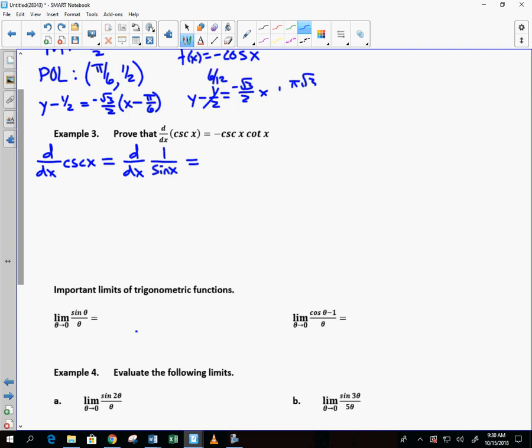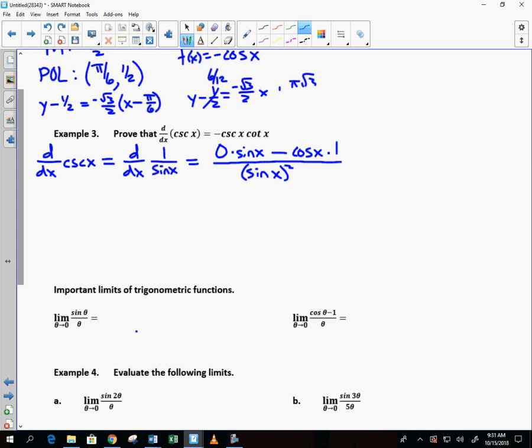What's the derivative of the top? 0 times sine of x minus what? The derivative of the bottom, which is cosine of x, times 1, all over sine of x quantity squared.